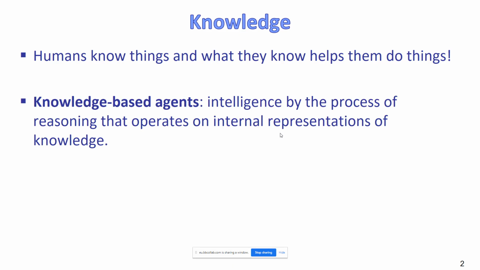That will lead us to what we call knowledge-based agents. Knowledge-based agents are powered by the intelligence about how to reason over the knowledge that the agent has, how to use the knowledge that we know now to discover new knowledge and to make good decisions over time.